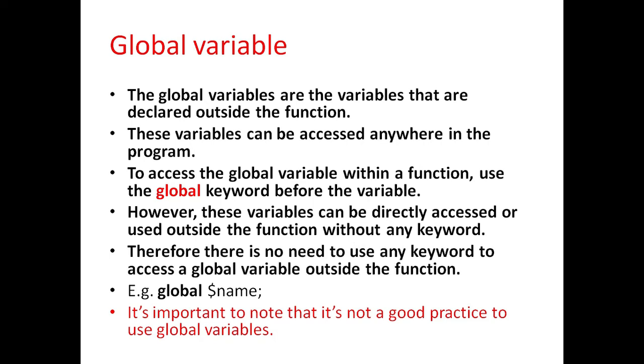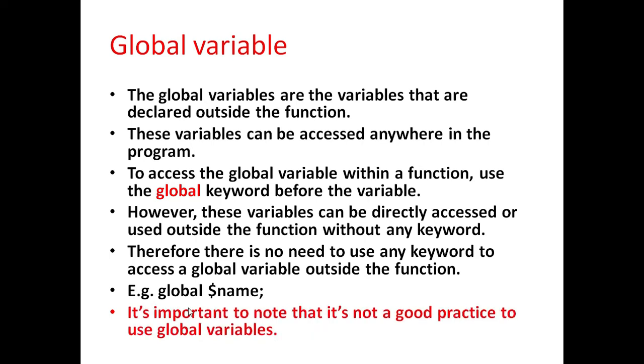Therefore, there is no need to use any keyword to access global variables outside the function. To define a global variable, use global $name. It is important to note that it is not a good practice to use global variables in the program.